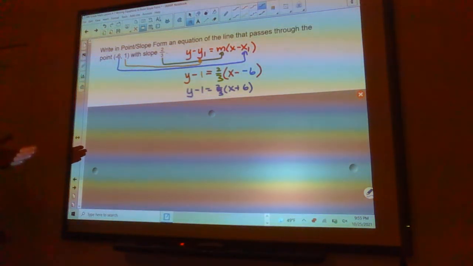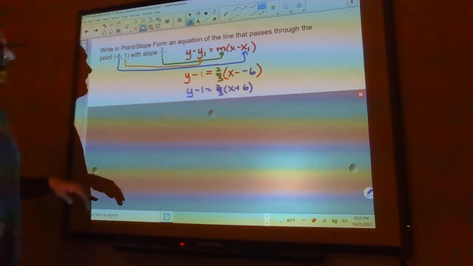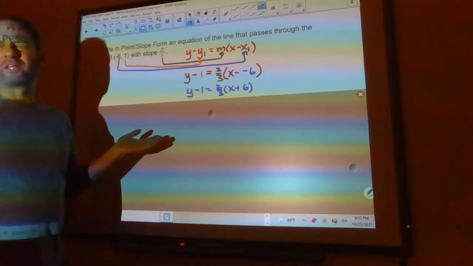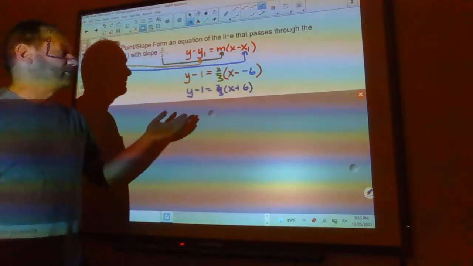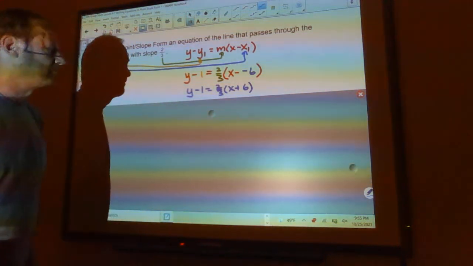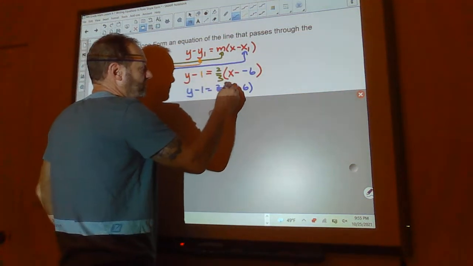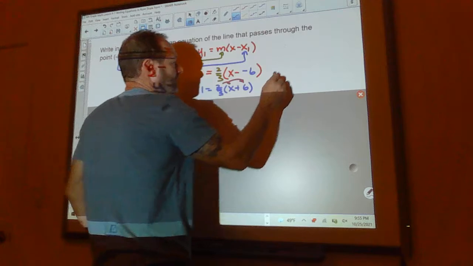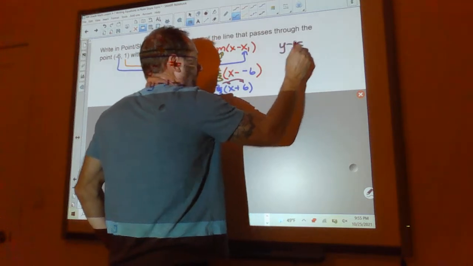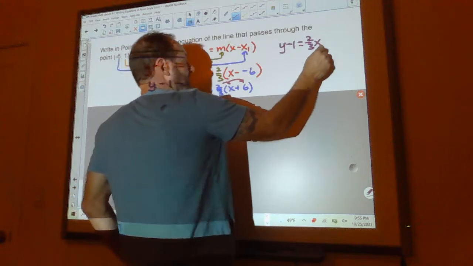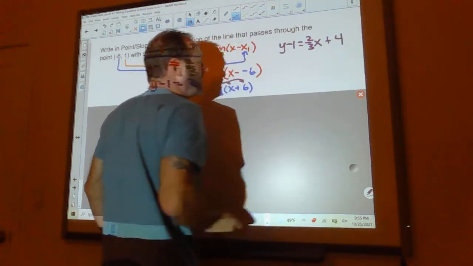Now, here's why I don't usually use this, unless I have to. Most of the time, your teacher wants your answer in slope-intercept form anyway, so you'd have to convert this to slope-intercept form. So how would I do that? Well, I would distribute my 2/3 in here, right? So this would be y minus 1 equals 2/3 x plus 2/3 of 6 is 4.